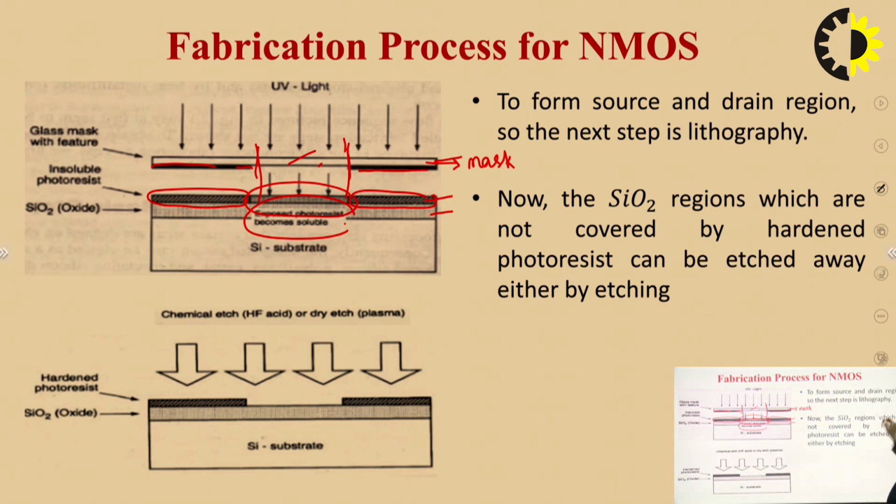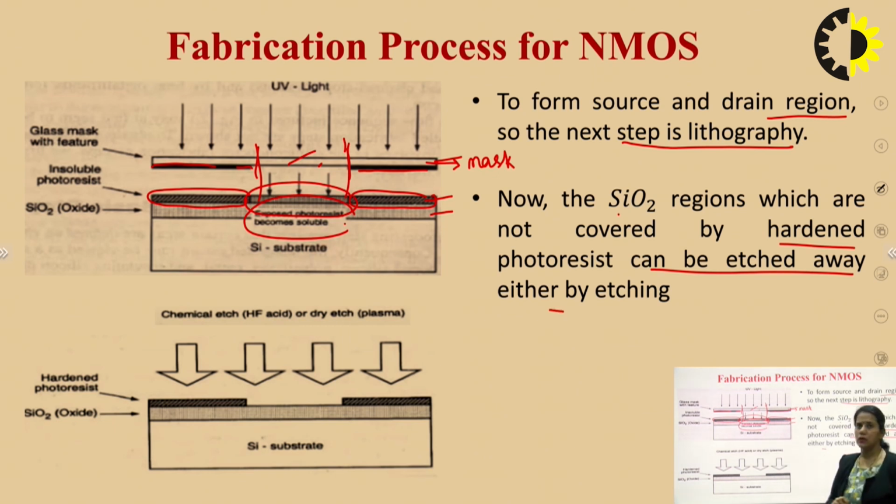To form the source and drain regions, the next step is lithography. This complete process of coating with the photoresist, passing the ultraviolet radiation, and applying the mask through which the radiation passes, this whole process is known as lithography. Now, the SiO2 regions which are not covered by the hardened photoresist can be etched away.